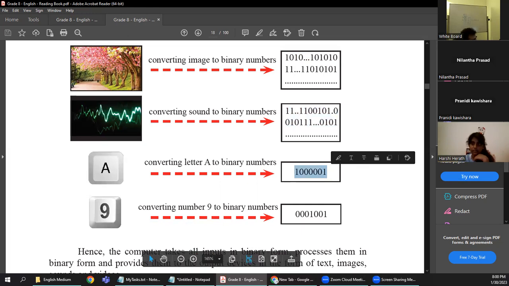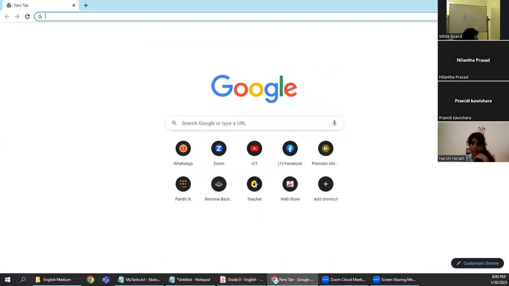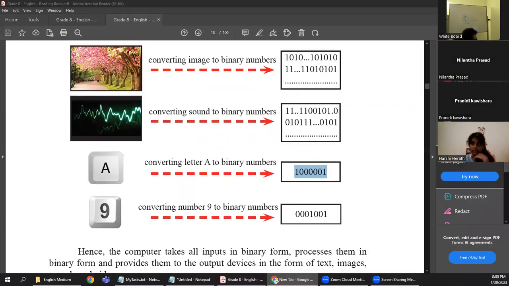Letters. Each letter has a bit pattern to represent it. I will show you some.